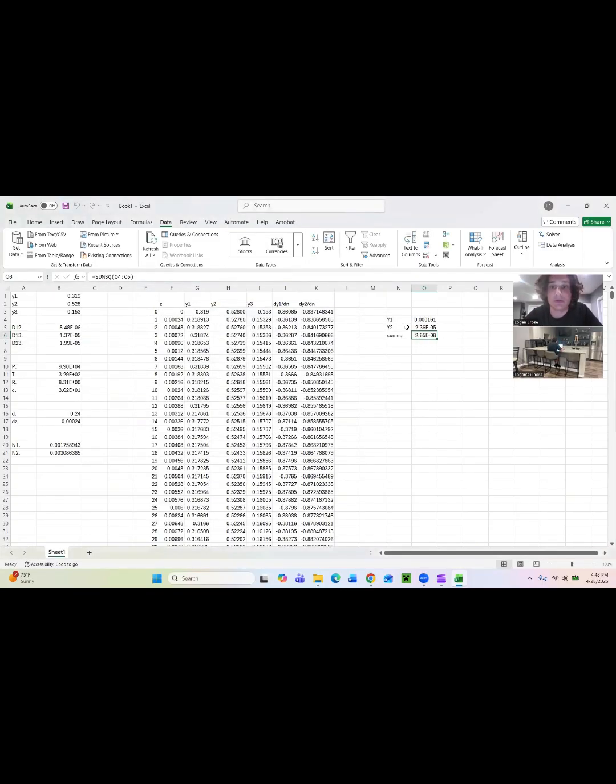And when we do that, we get 2.65 times 10 to the negative 8, which is nearly 0, right? Both of these values are very close to 0, right? And so we then know that our N1 and our N2 are these: 0.00175 and 0.00308, right? And so what was our initial guess, right?